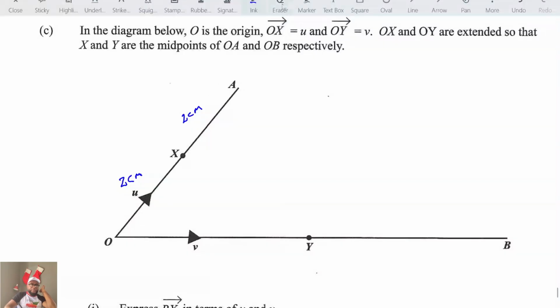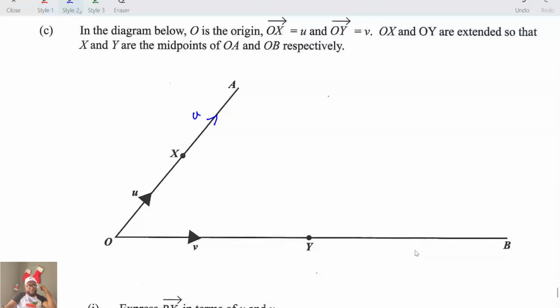That is why I will put that if from O to X is U, then from X to A is U also, because they go in the same direction. And if from O to Y is V, then from Y to B is what, if Y is the midpoint?